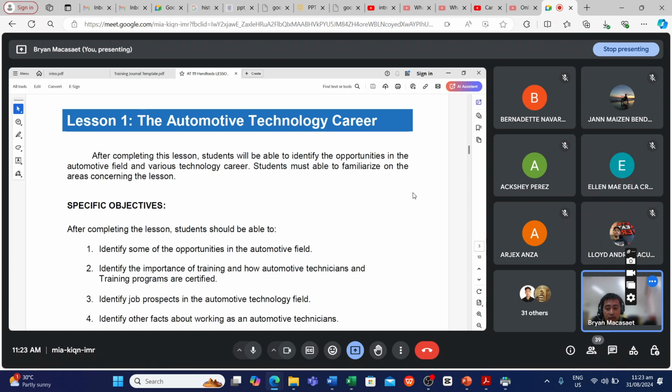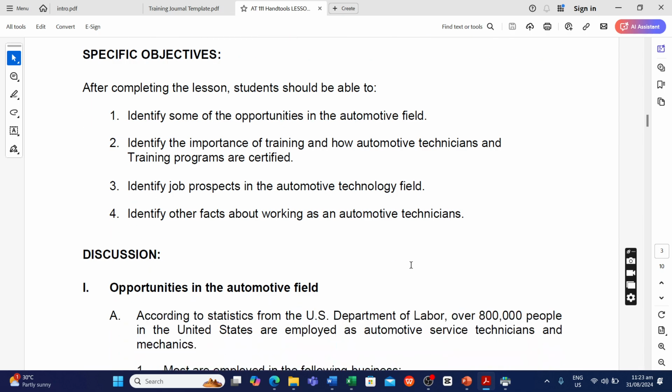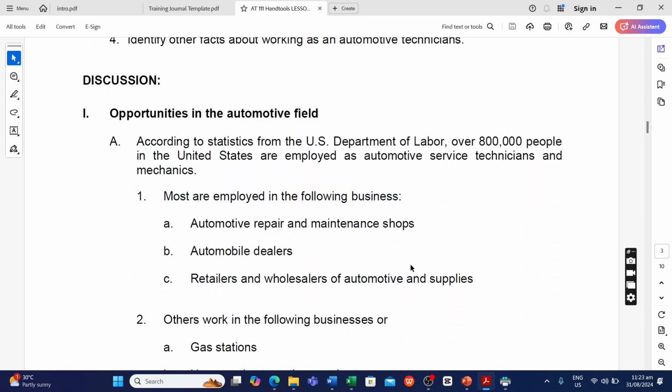Number 2, identify the importance of training and how automotive technicians and training programs are certified. Number 3, identify job prospects in the automotive technology field. Number 4, identify other facts about working as an automotive technician. Okay, so let's proceed with the discussion.